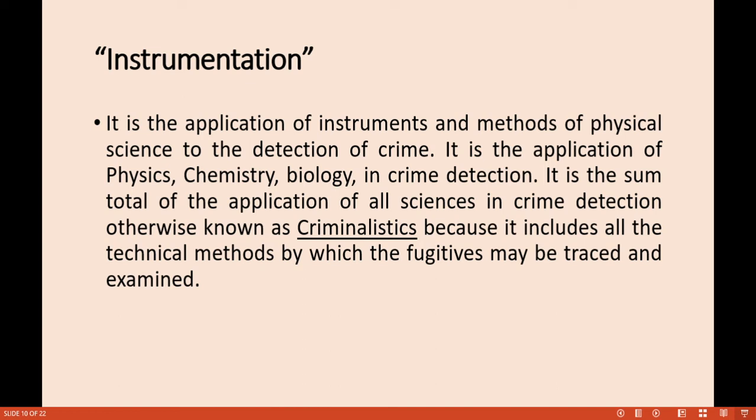It is the sum total of the application of all sciences in crime detection, otherwise known as criminalistics. There are different branches of criminalistics: photography, forensic ballistics, and so on and so forth, because it includes all the technical methods by which fugitives may be traced and examined.